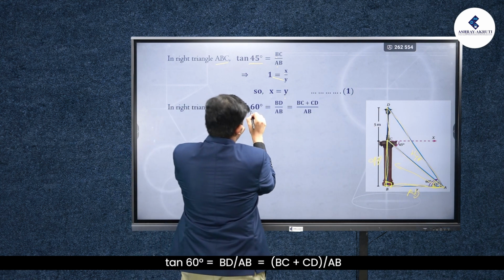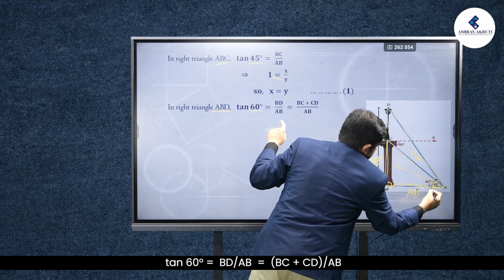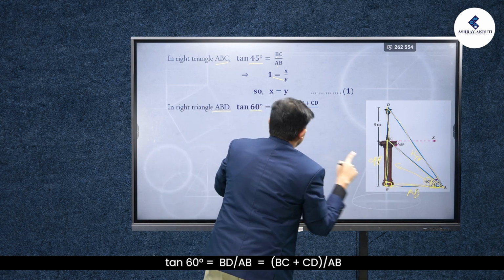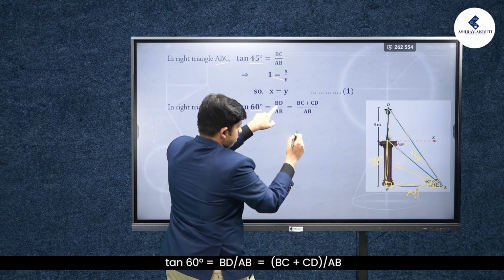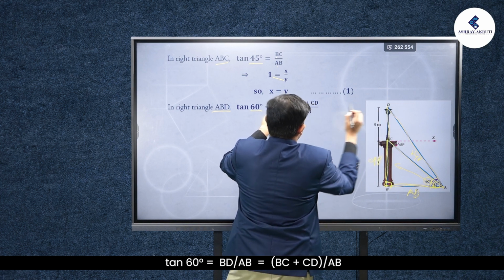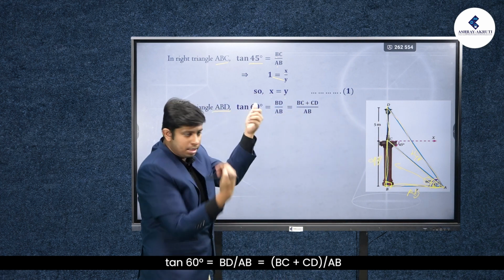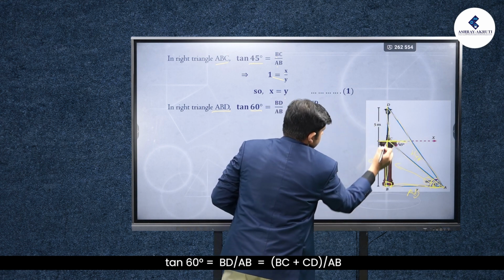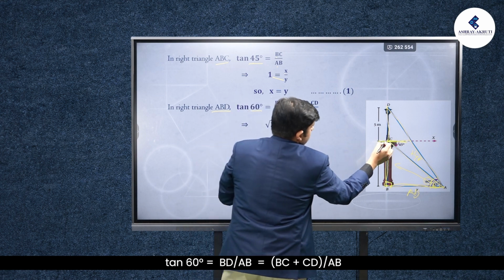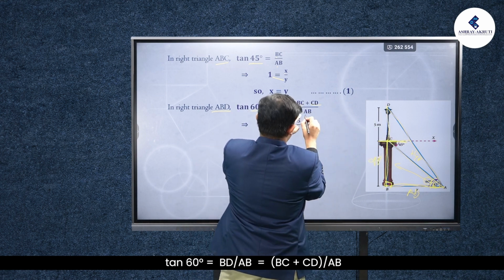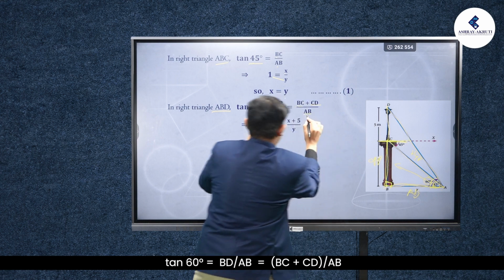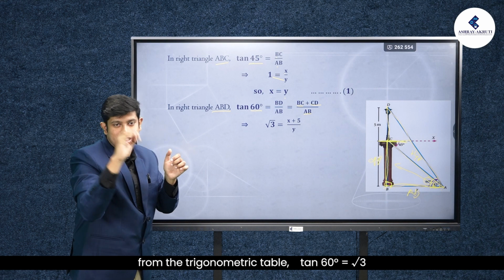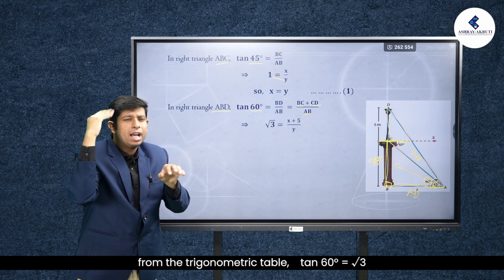In right triangle ABD, tan 60 degrees is equal to BD by AB. BD can be written as BC plus CD. So that is equal to BC plus CD by AB. From the trigonometric table, tan 60 degrees is equal to root 3.